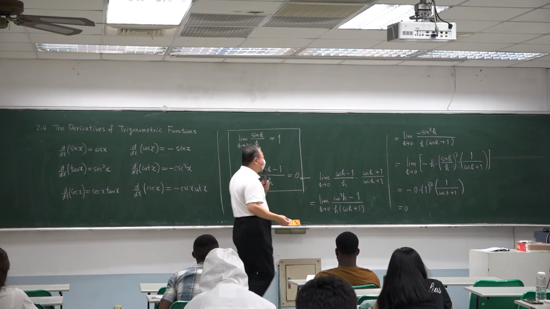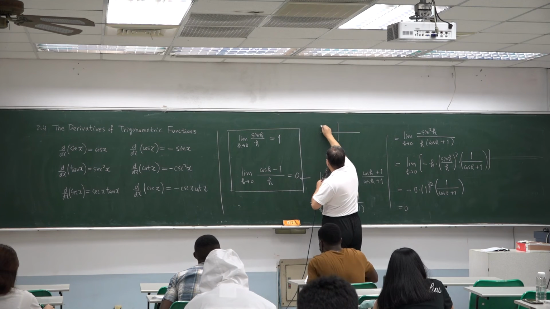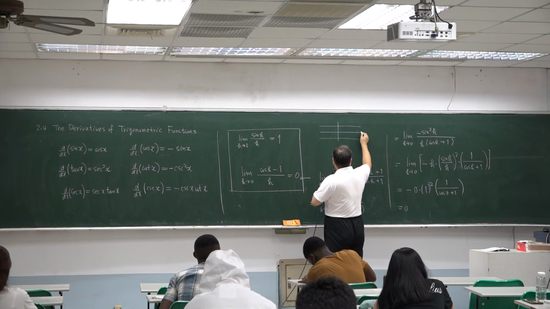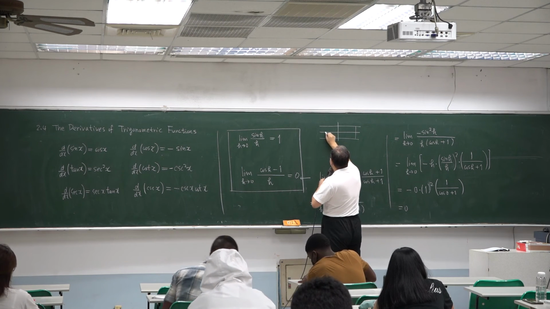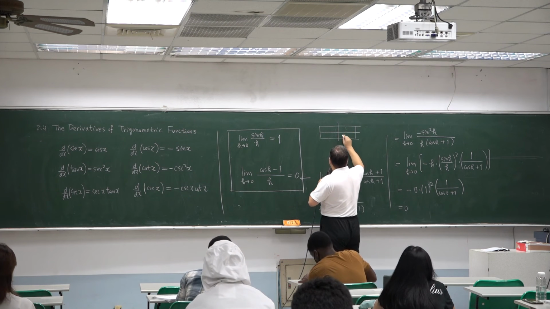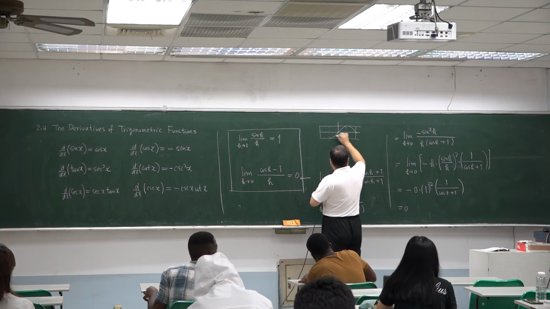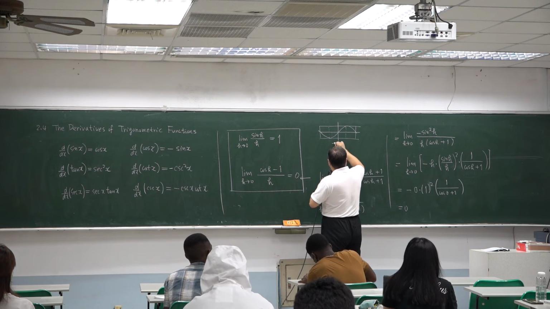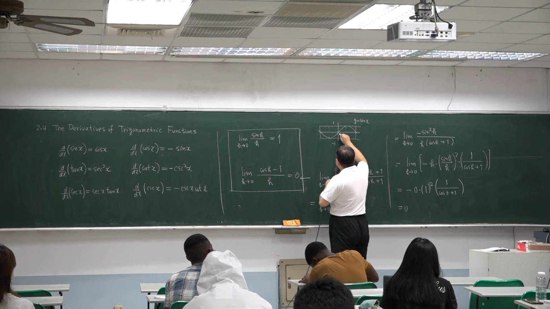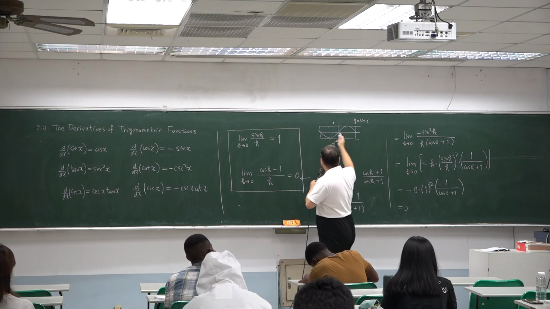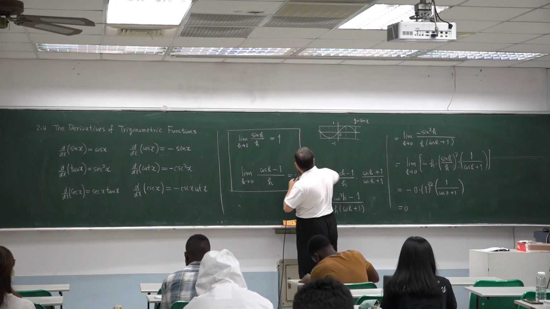So, as I mentioned before, the geometric interpretation of this limit is: when x is nearby 0, then the value of sine x is almost x.